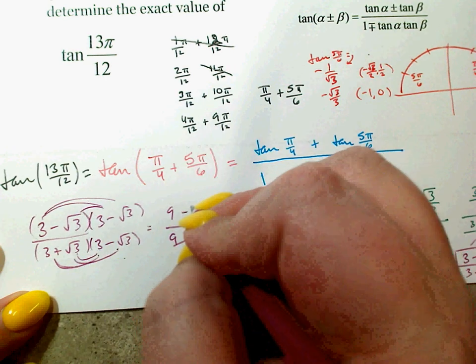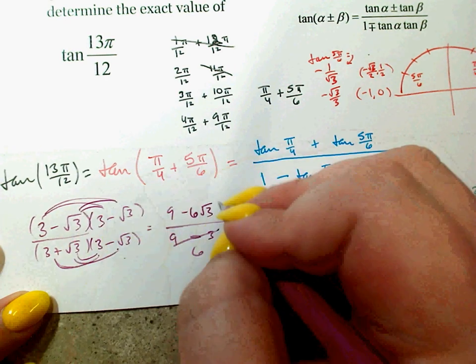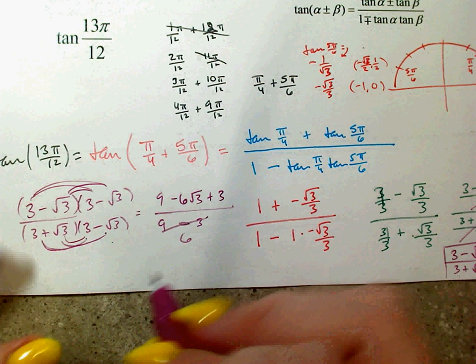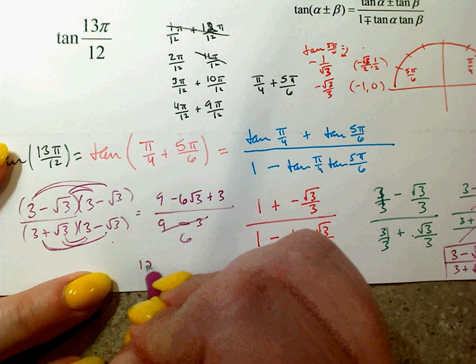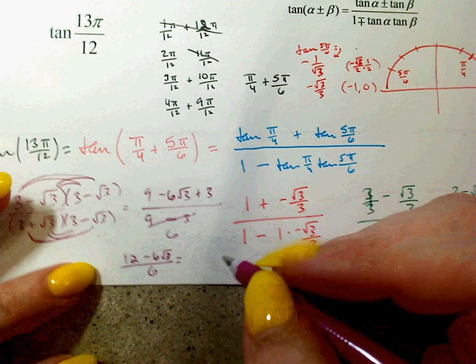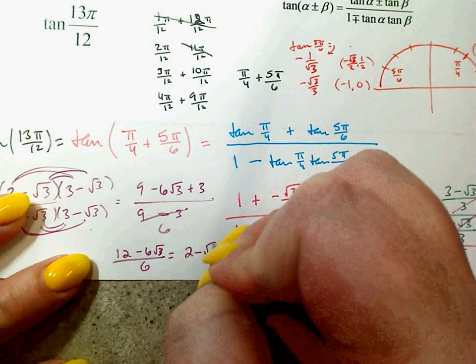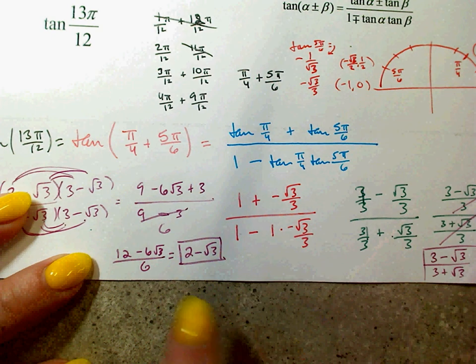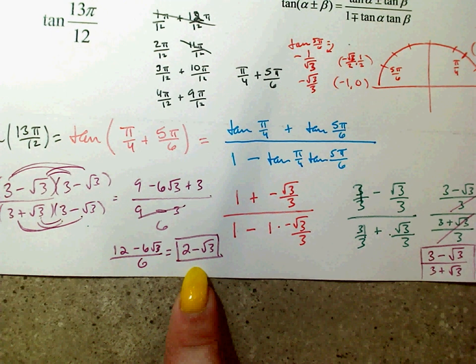So that would be 12 minus 6 root 3 all over 6, which we would want to simplify to 2 minus the square root of 3. And I think that should be our final answer. And we multiply by the conjugate of the denominator so that we no longer have square roots.